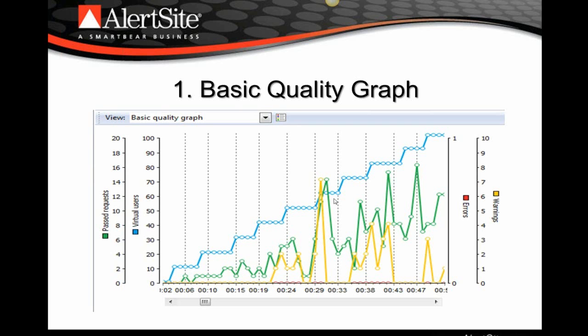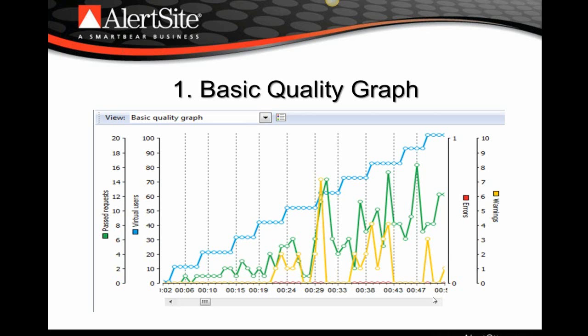Here you can see that as the blue line, and then you're going to see successful transactions or requests, and that is the green line. And you're going to see warnings, that's yellow, and we can barely see them on this particular test, but errors, that's the red line that's sort of bouncing along the bottom of the screen here.